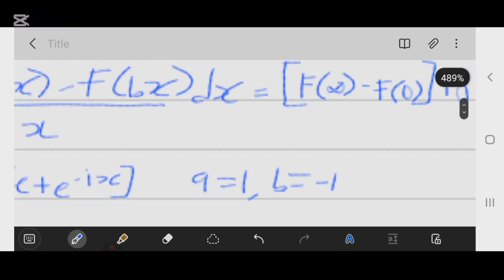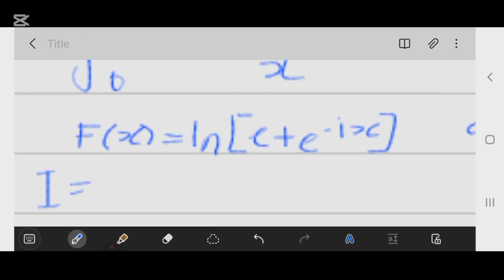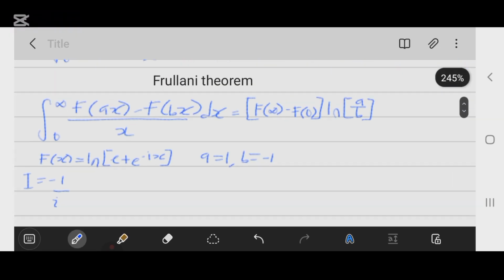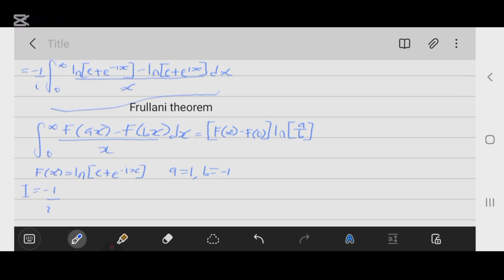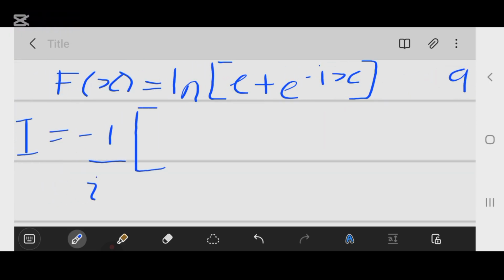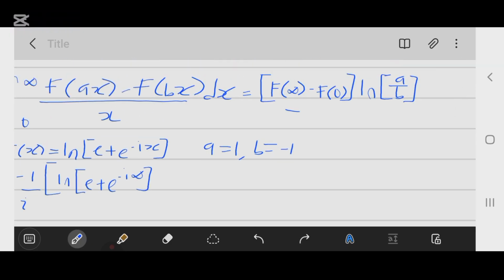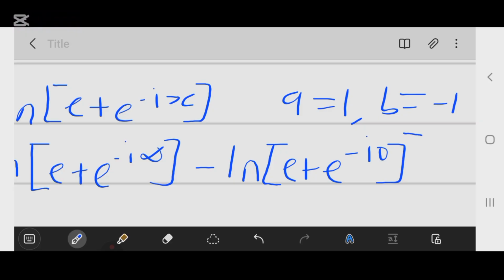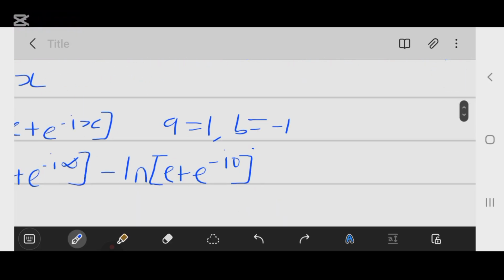Therefore, applying Frullani theorem in my integral, instead of inputting the integral, I'm now going to put the function infinity minus function 0. Then ln a over b.